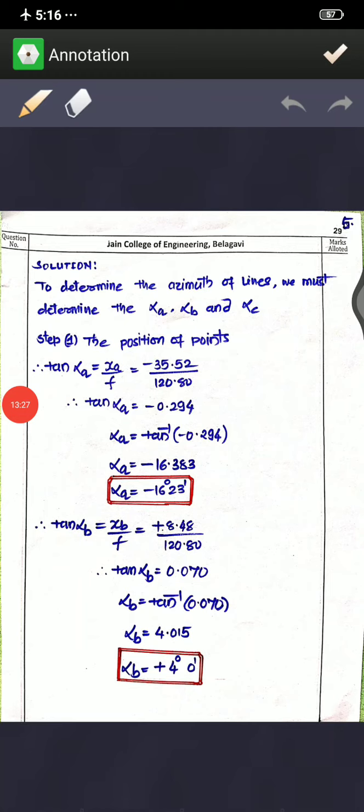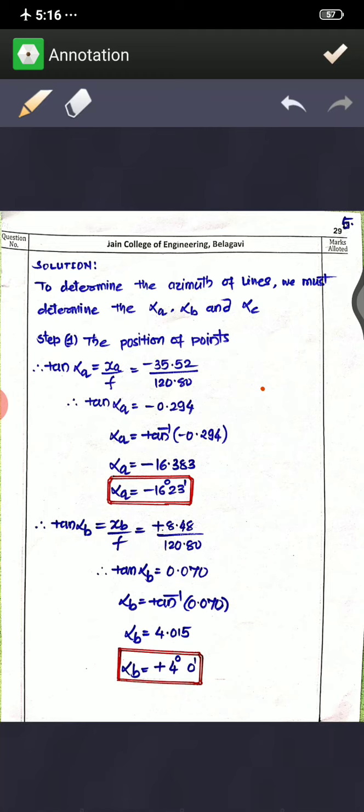Now to determine the azimuth of any line, you should first get the horizontal angles, that is alpha A, alpha B and alpha C. Once you get alpha A, alpha B, alpha C, you can easily determine the camera azimuth. By using that camera azimuth, you can determine the remaining azimuths of lines B and C, right. So first and foremost, I am going to determine alpha A, alpha B, alpha C.